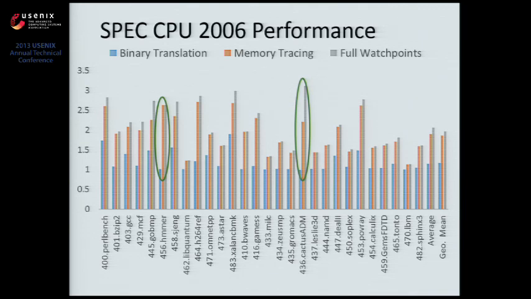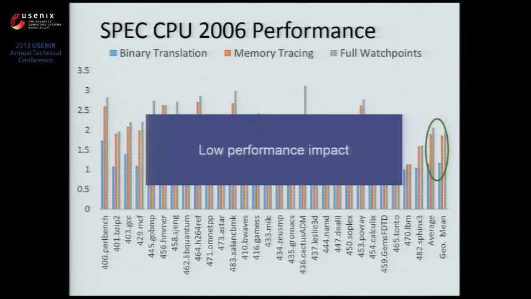And in the worst case, or for the worst performing benchmark, we have roughly a 3x performance impact. And on average, we have less than 97% performance impact, which is fairly good performance. And we can conclude that we have low performance impact for this prototype implementation. There are still a couple of optimizations that could be done, so there's more room for improvement on top of that.